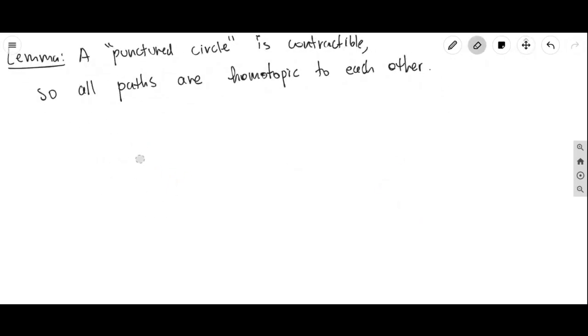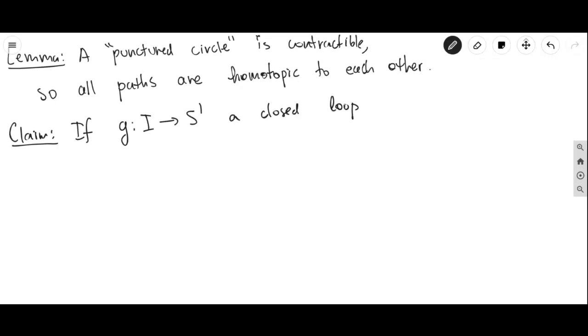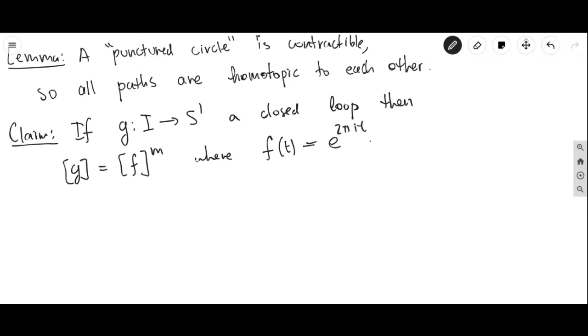Okay, so here's what we're going to do. So this is the claim. If G is a closed loop, then the homotopy class of G is equal to f to some power, where f(t) is this loop that's e to the 2 pi i t.